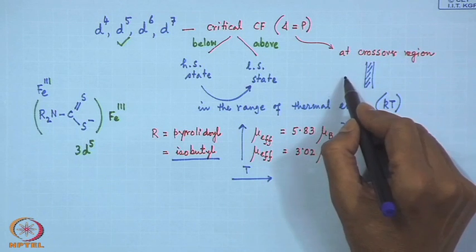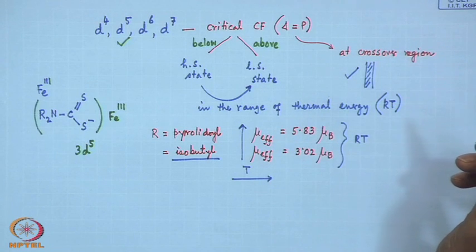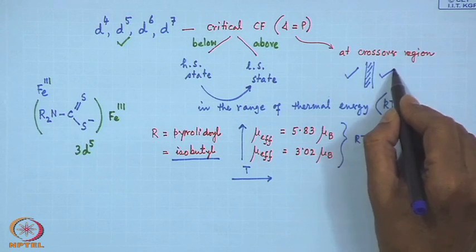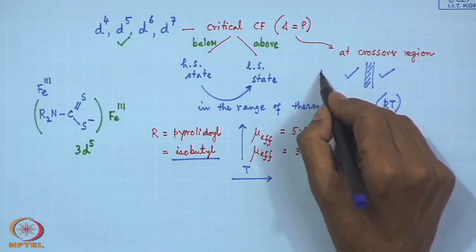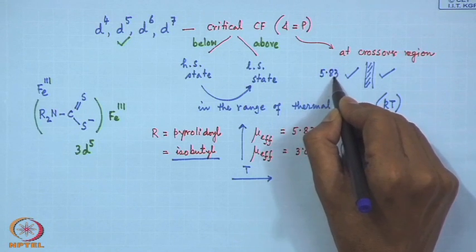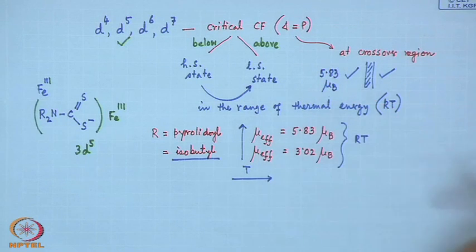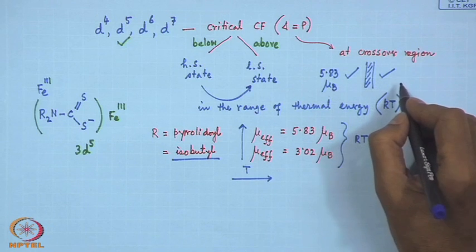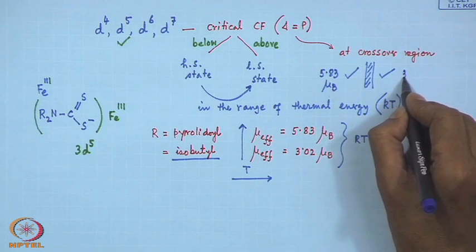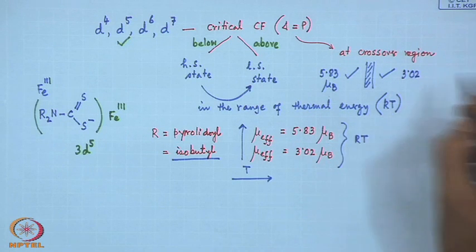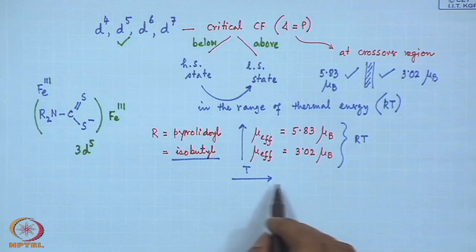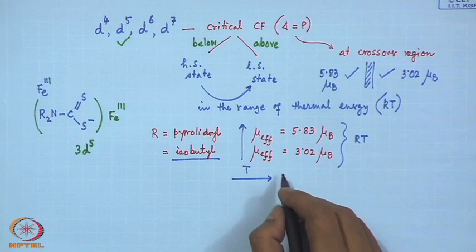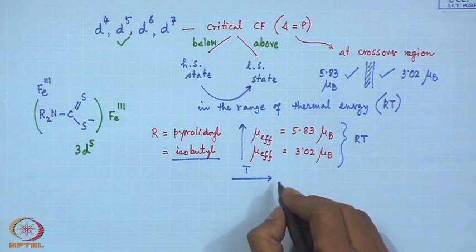The high spin, the 5.83 Bohr magneton, will be on the left hand side, and the 3.02, the low spin one, will be on the right hand side. If we increase the temperature, the magnetic moment increases.